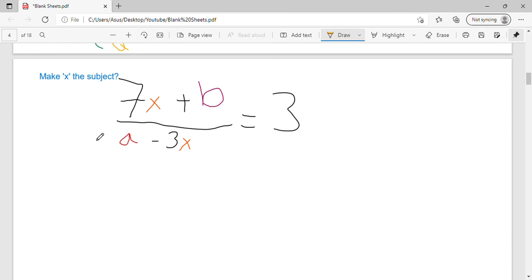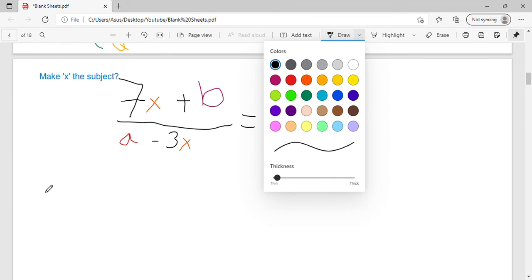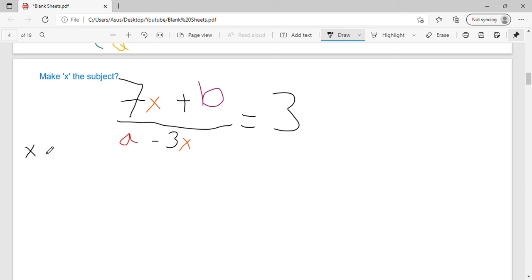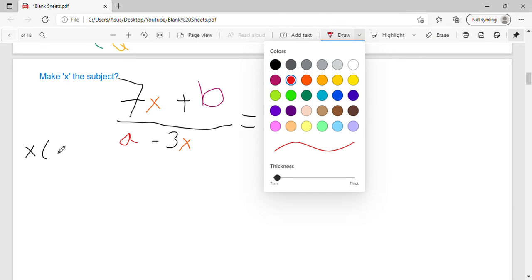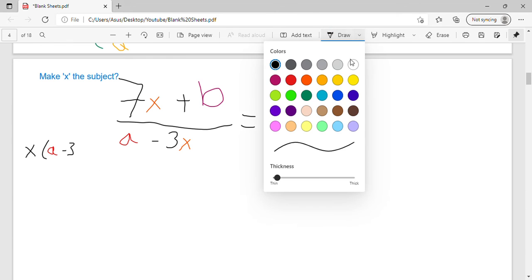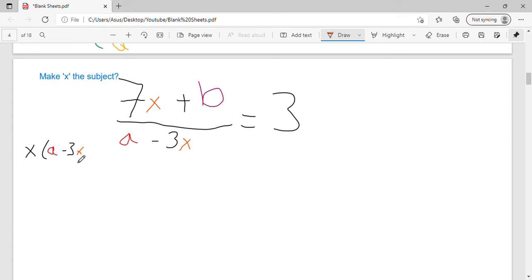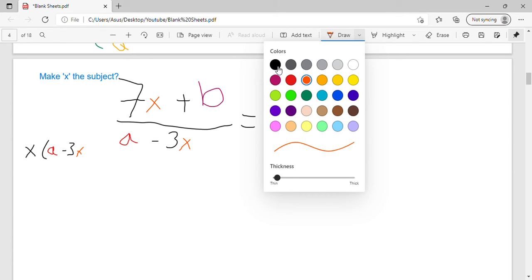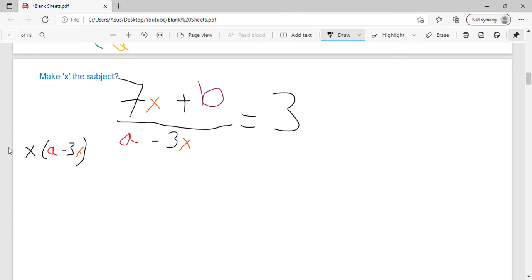So what we're going to do is first multiply by a minus 3x. Okay, we've got multiplied through a minus 3x. Alright, so that's going to get rid of this here.